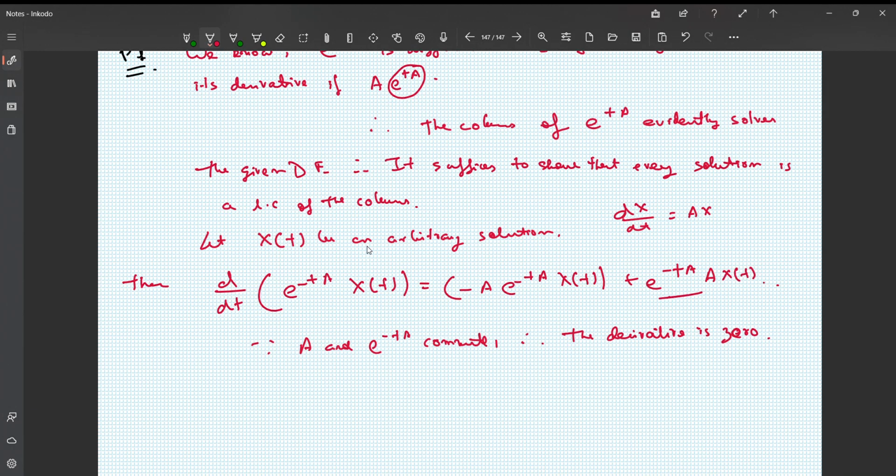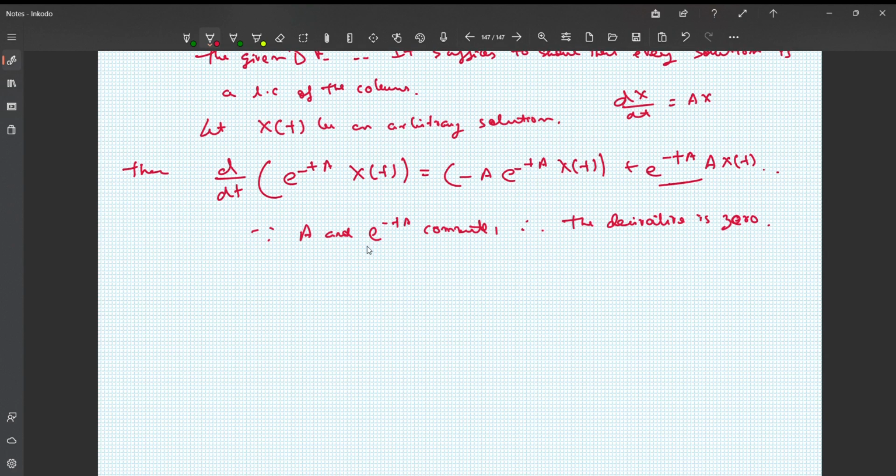And these two obviously commute by the series form of e to the power minus ta. That's quite obvious. The derivative is 0, so this implies e to the power minus ta times x(t) is a constant column vector.